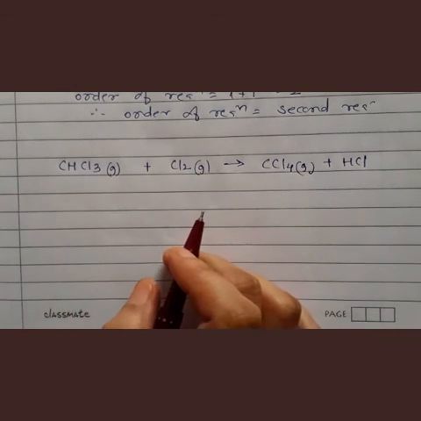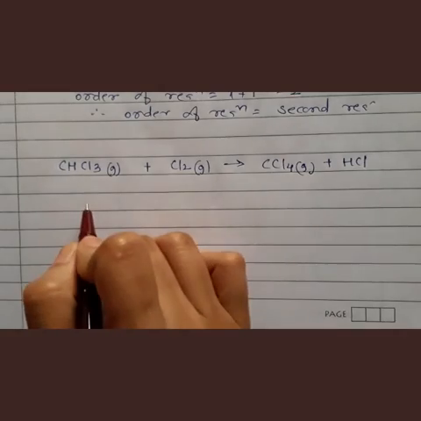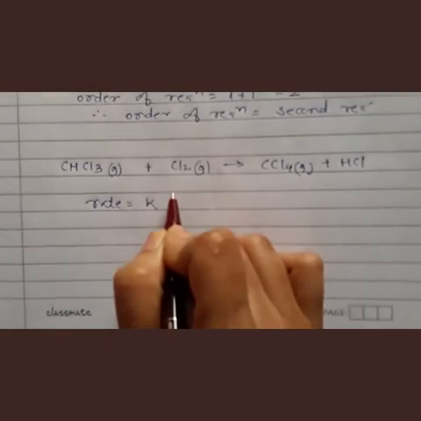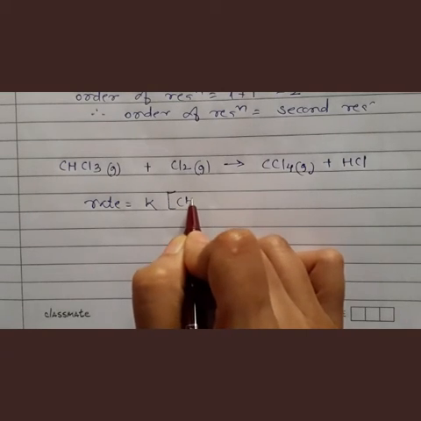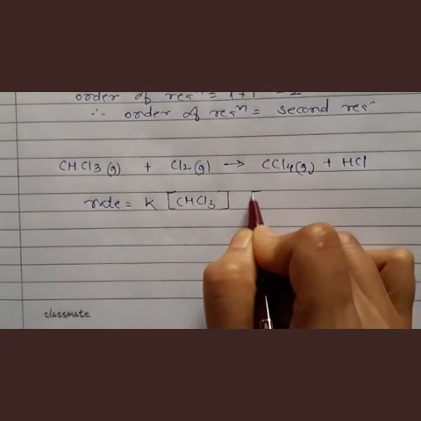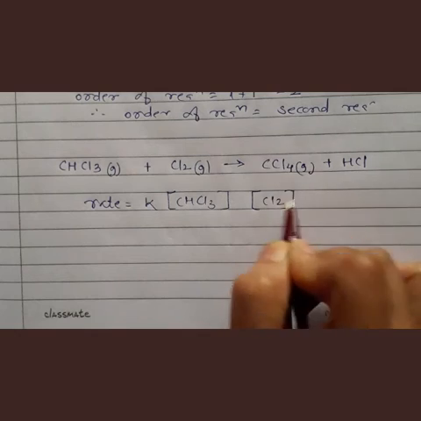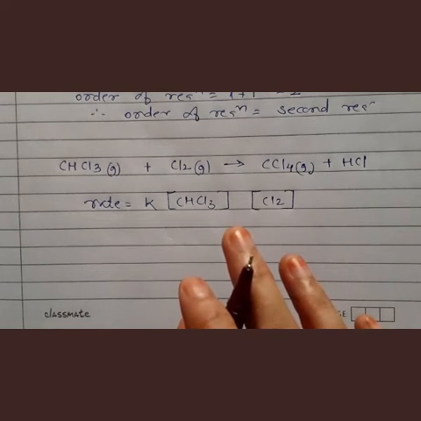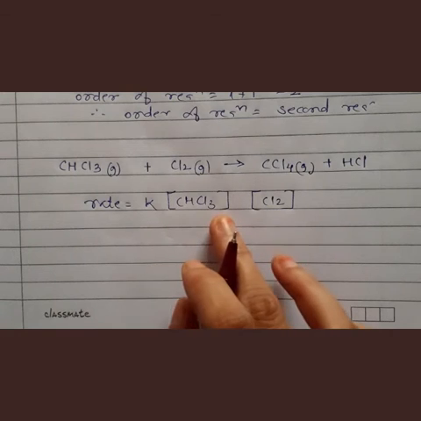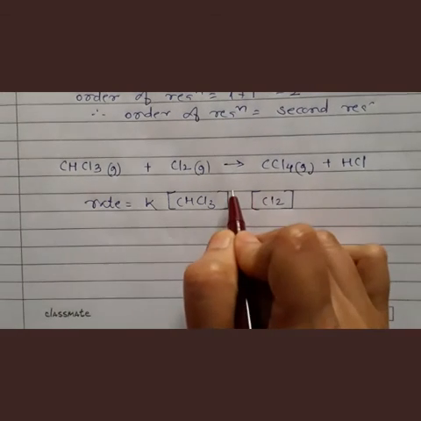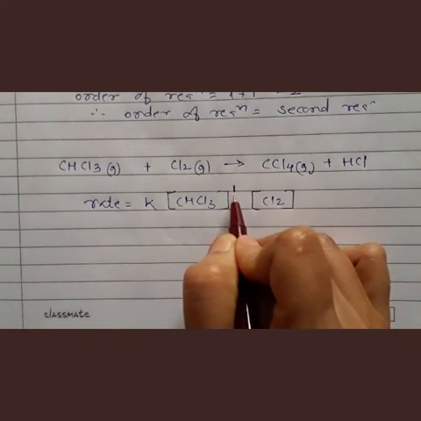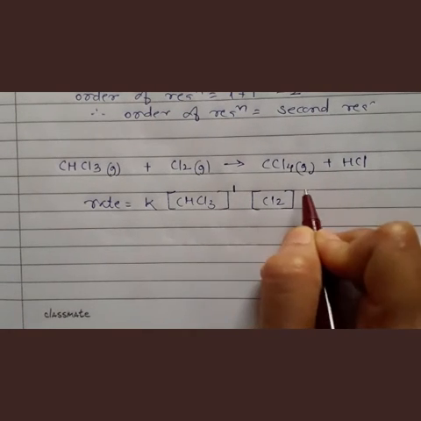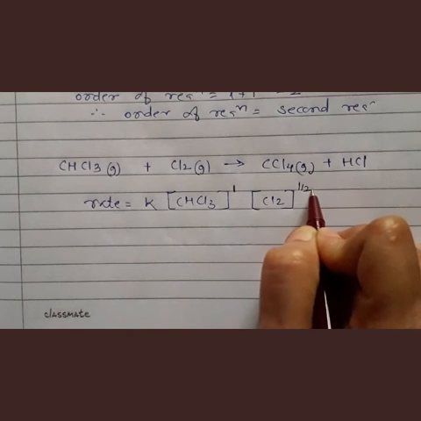Now we have to write the rate law first. So rate is equal to k, concentration of CHCl3, concentration of Cl2. Now they have given that the reaction is first order in CHCl3, so here first order means we will write 1, and half order in Cl2, so here we will write half.